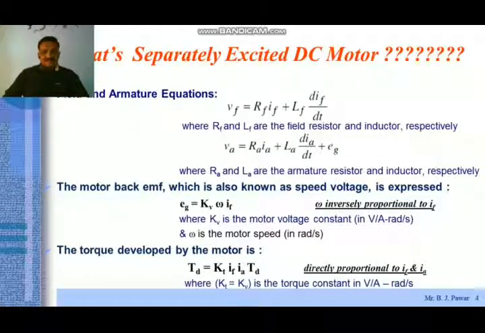From this equation we can easily say that Td is directly proportional to If and Ia, right? That is, the torque developed is directly proportional to the field current as well as the armature current. So to have a large torque, there is a need for more field current as well as more armature current.